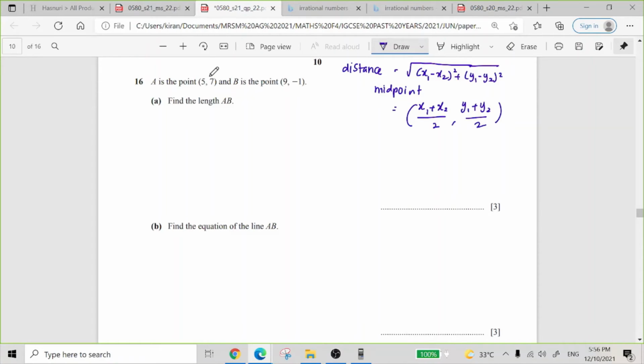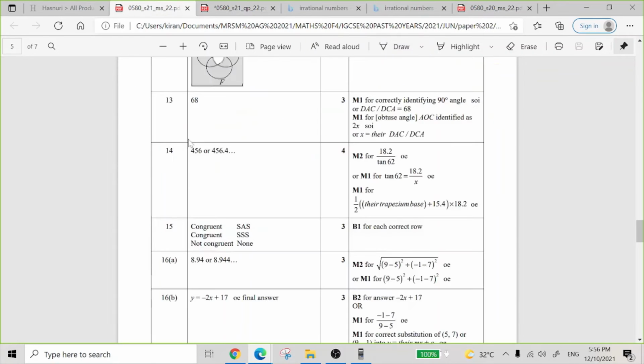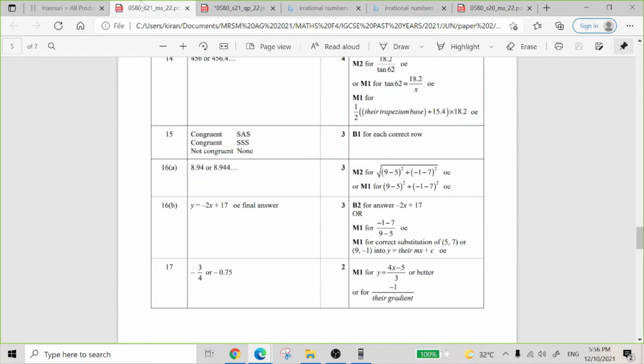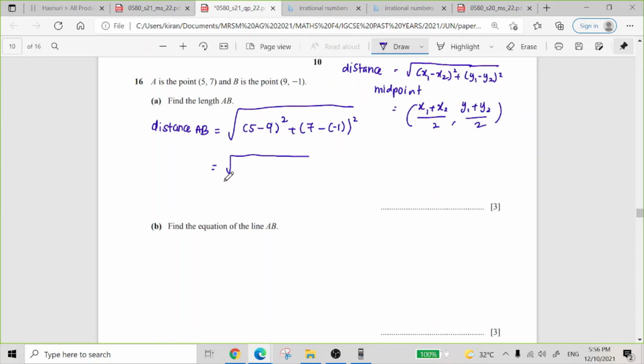So we just substitute the coordinates into the formula. Distance AB equals the square root of (5 minus 9) squared plus (7 minus -1) squared, and then we get the square root of 16 plus 64, which is the square root of 80. If you leave your answer as a surd, it will not be accepted, so as far as possible please leave your answer in values.